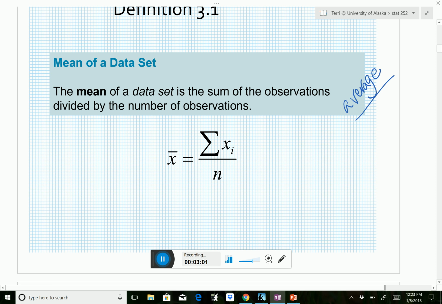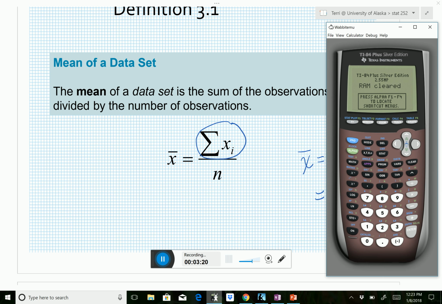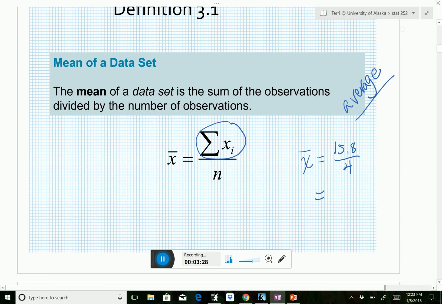For our 4 numbers from before, we take this sum, 15.8, and divide it by 4. 15.8 divided by 4 is 3.95. So we have a 3.95 average of those 4 numbers.